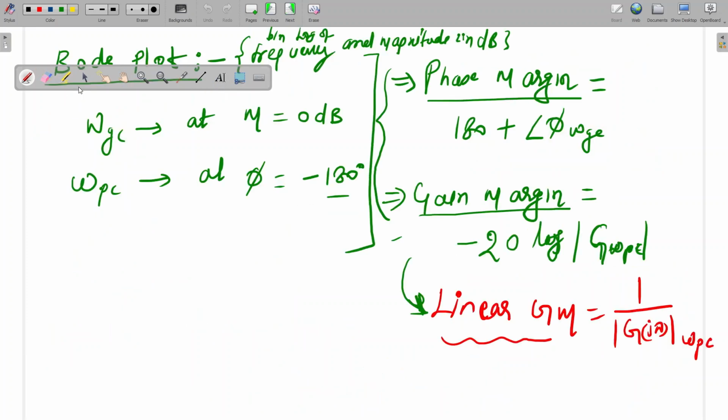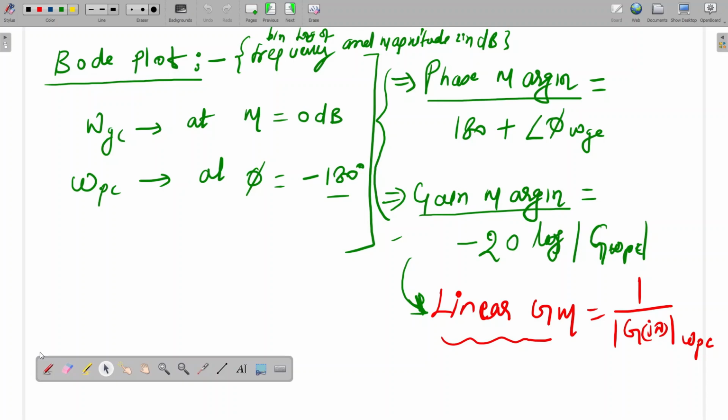So now I am showing some basic Bode plot formulas. After that, I will solve a variety of questions based on the Bode plot. The Bode plot we are drawing between the gain and frequency in logarithmic scale, and the angle also, of a system G of j omega.